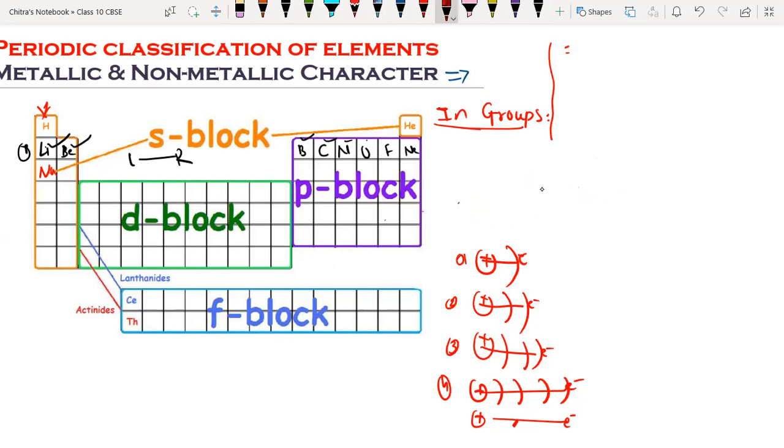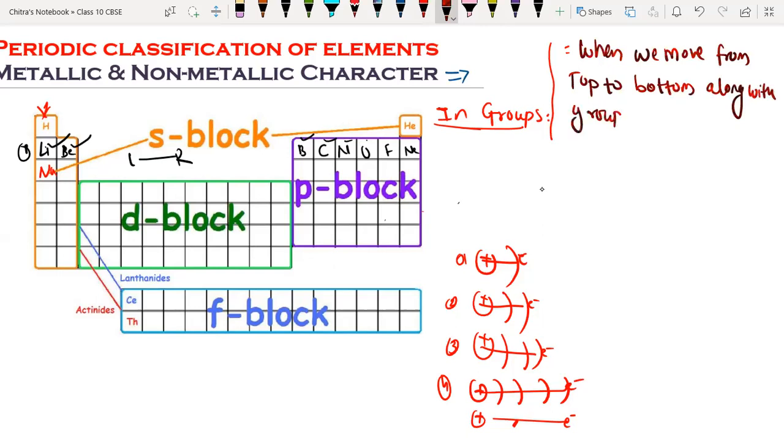So when we move from top to bottom along the group, atomic radius increases all the time.